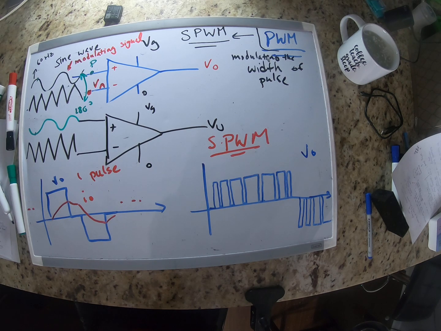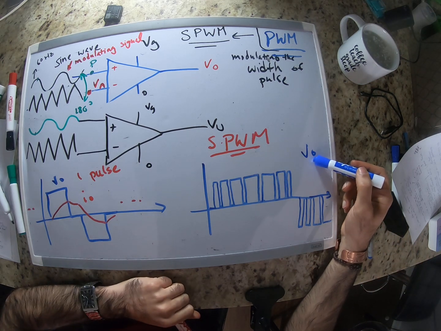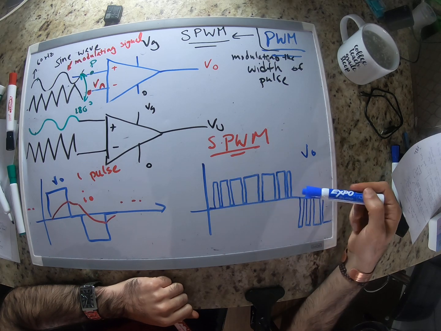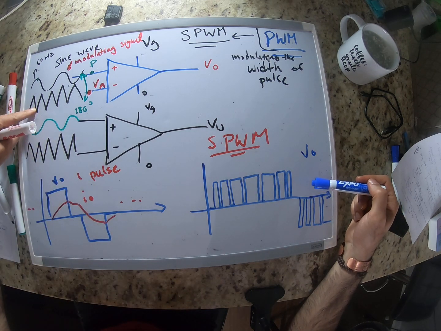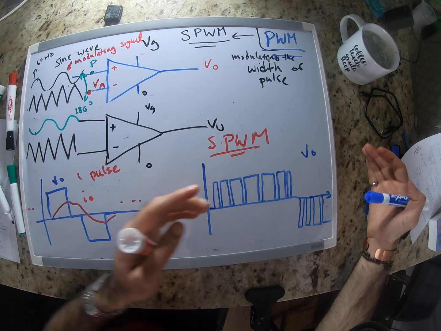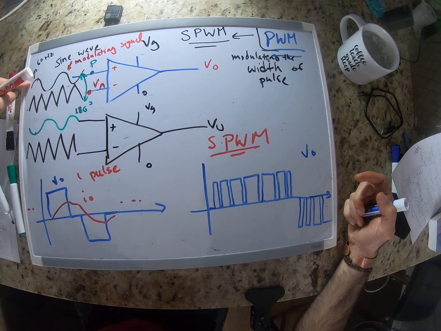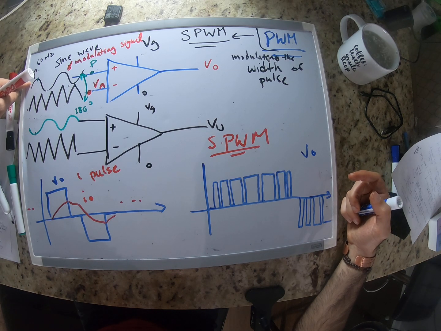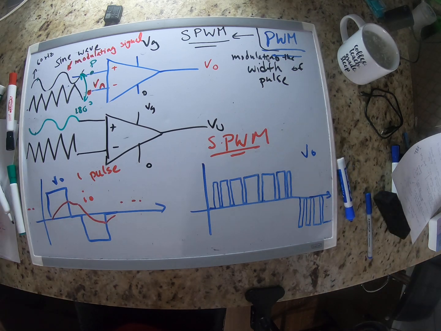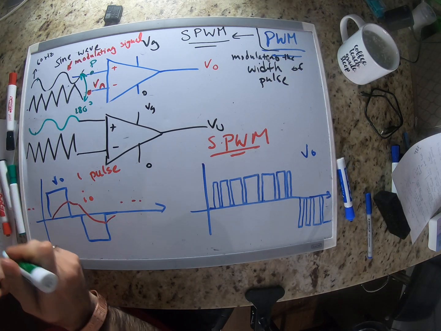We have multiple pulses. The frequency of these pulses depends on the frequency of the carrier. The frequency of the overall signal depends on the frequency of the modulating signal, right? So this would repeat itself.